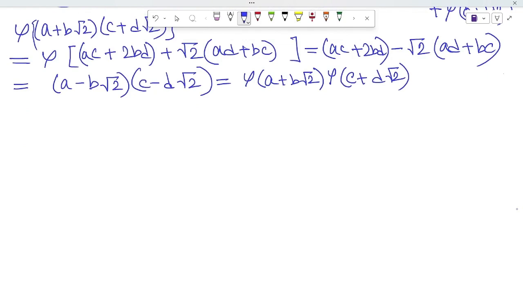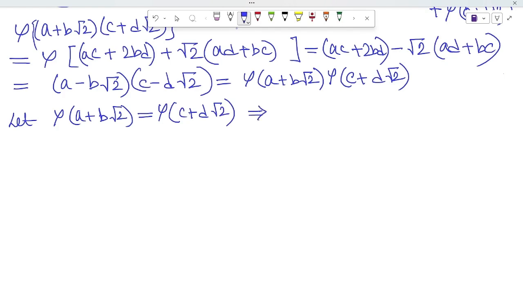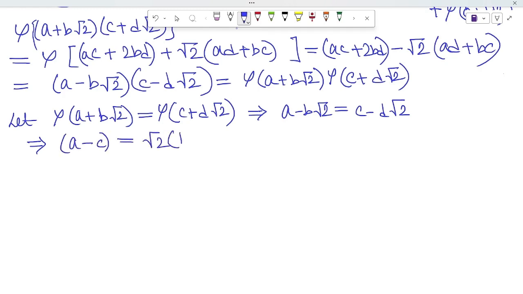What is the kernel of psi? Okay, now let psi of a plus b root 2 equal psi of c plus d root 2, which implies that a minus b root 2 equals c minus d root 2, which implies that a minus c equals root 2 times b minus d.